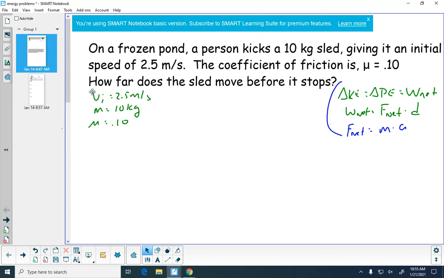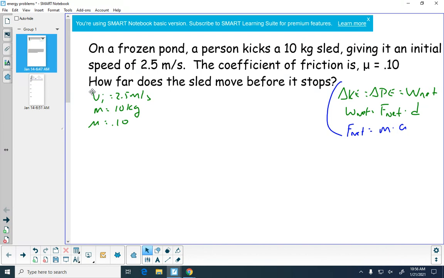If we take an object and give it an initial push along the floor here, eventually the object stops. Why does it stop? Yes? Friction. Yeah, friction stops it. Okay, so friction will eventually stop something that you push unless you're in an entirely frictionless world, which we don't have.